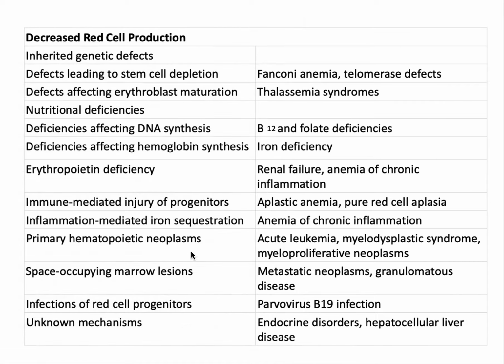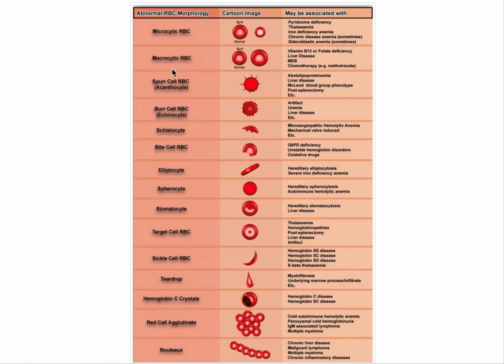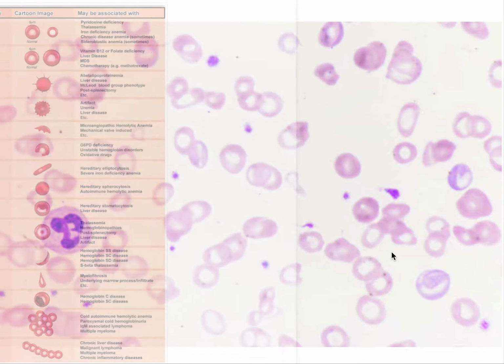Also, if you Google, there are nice tables with the various red blood cell morphologies, the cartoon image, and all the various associations. So make flashcards and know that code.